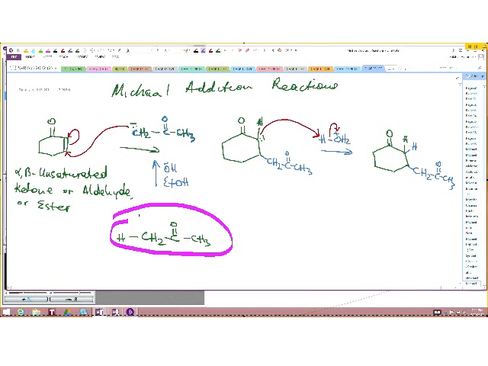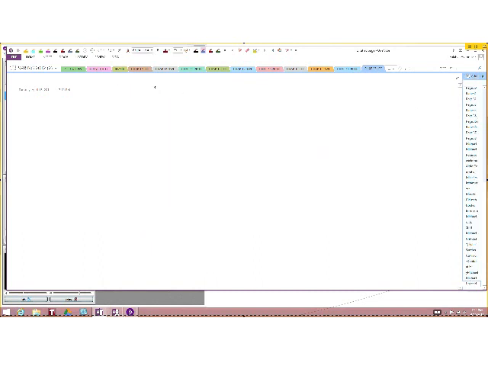Okay, let me give you one more example of a Michael addition reaction before we go to making our big molecule.